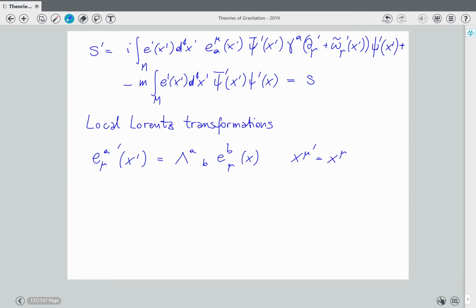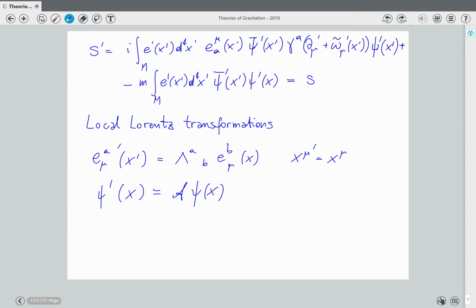So we will not write x prime at all now. This is the transformation, and then you will have psi prime x prime, if you want, that is curly A psi of x. And curly A is related to lambda AB by the formulas we derived yesterday.